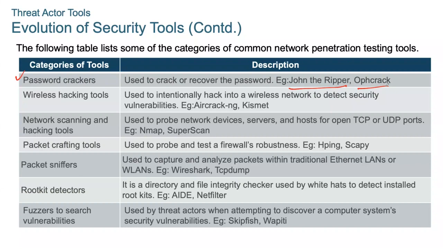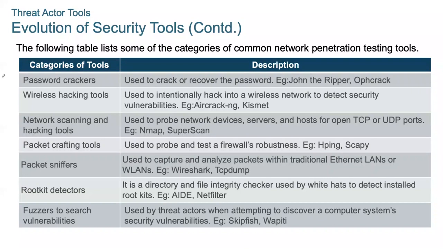Then another one is your wireless hacking tools, because the password cracker is the primary one. As we discussed with the SNMP security services, NetFlow security services, virtual private network security services, and system log services, the users are given their usernames and passwords for authentication, authorization, and accountability.